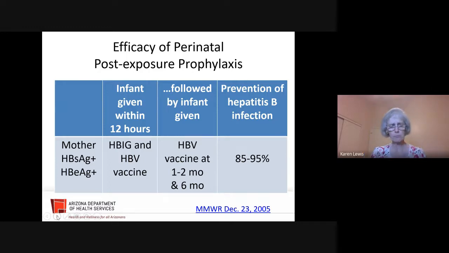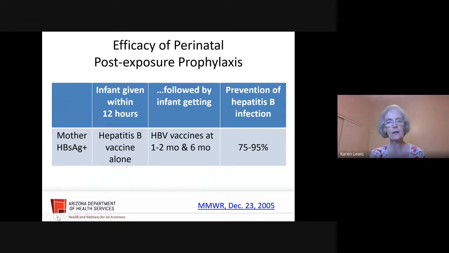Not all infections are prevented, and so we test afterwards to see if the child became immune or cleared the infection, or does not have protection against infection.